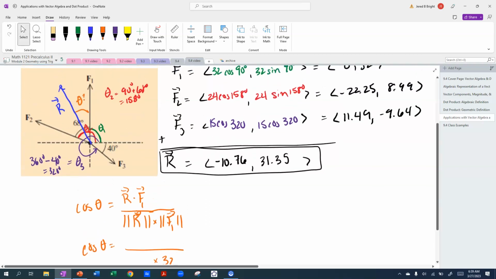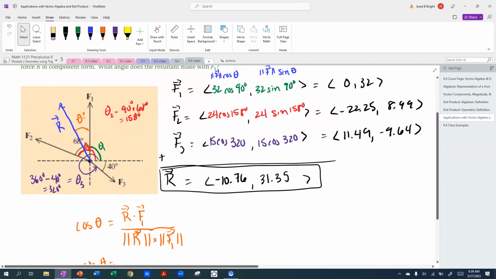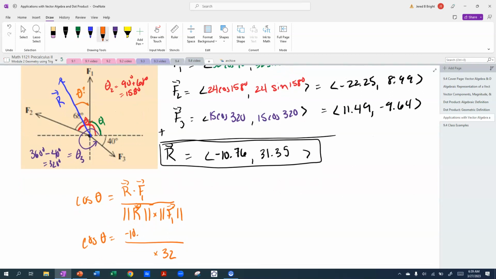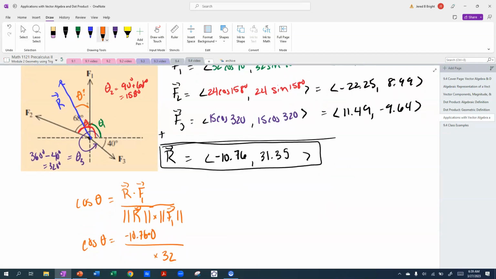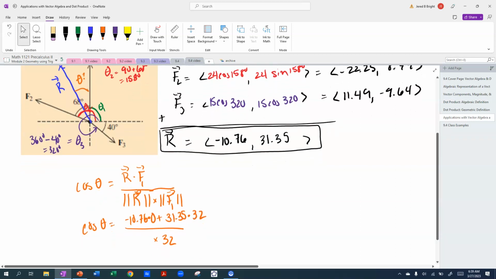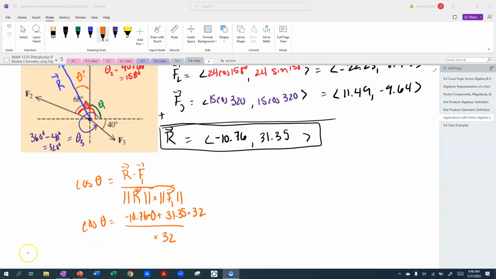Now, the dot product is going to be negative 10.76 times the horizontal component, 0, plus 31.35 times 32. And then for the magnitude of R, I get about 33.15 or so, rounding to 2 decimal places. Very close numbers in all of this.